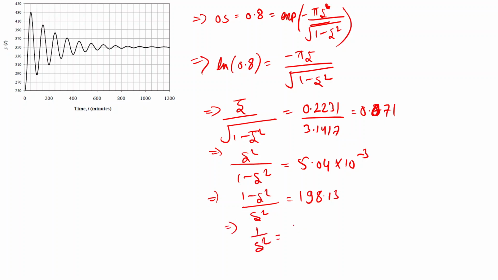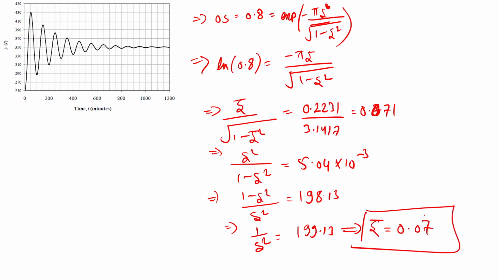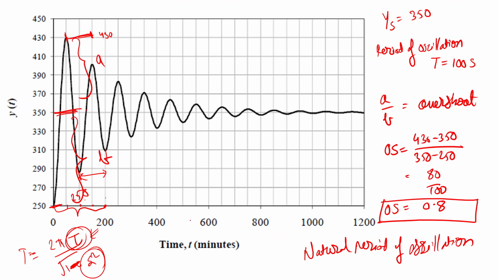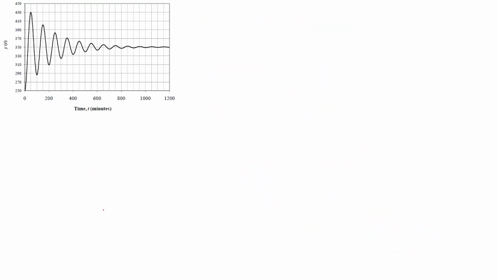You can write it as 199.13. And from this we can find the value of damping factor or zeta as 0.07. So now we have this value of damping factor, that is zeta, so that we can put it in the formula of time period of oscillation to find the natural period of oscillation.